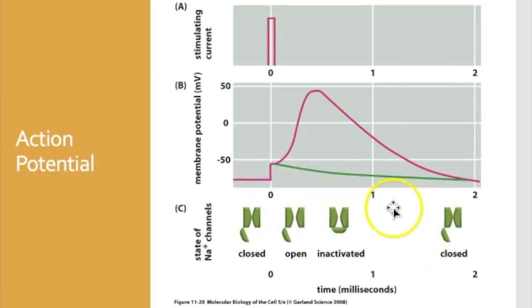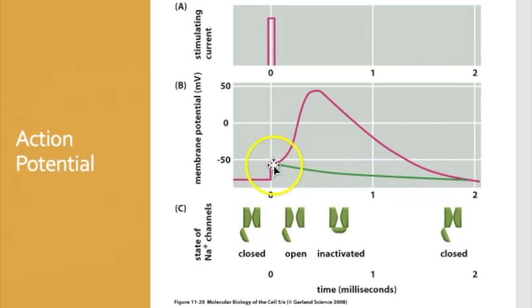The something that happens is a stimulus is applied. Now, depending on the type of neuron, this stimulus can be different things. But what that stimulus is going to do is make the membrane potential become more positive. And you can see that as the pink line starts to travel up from minus 60 towards 0.